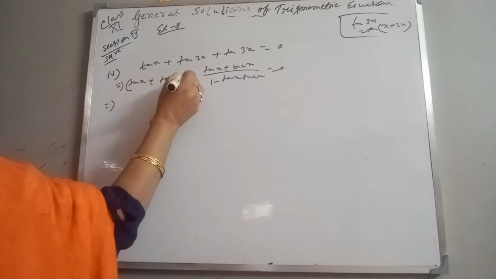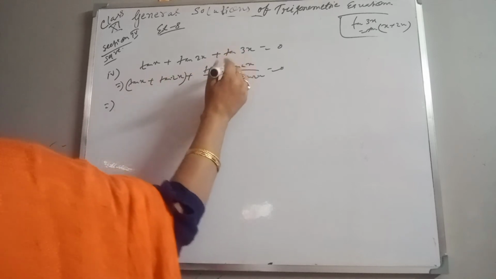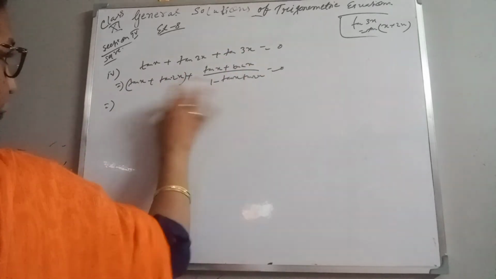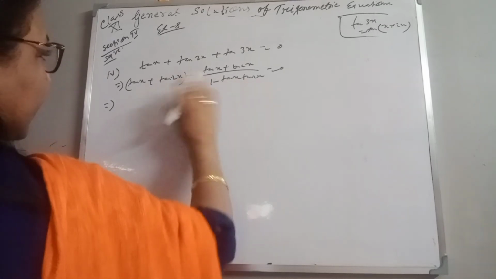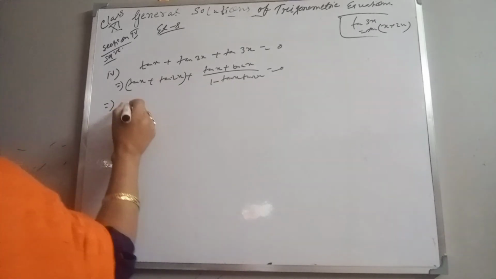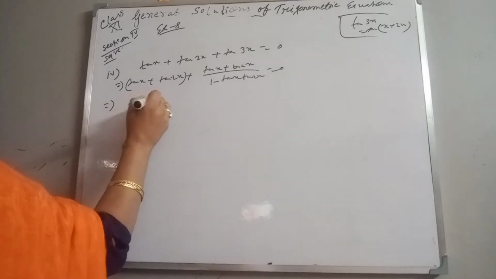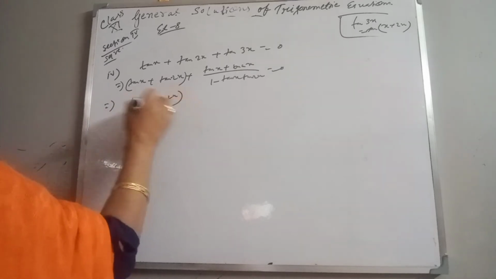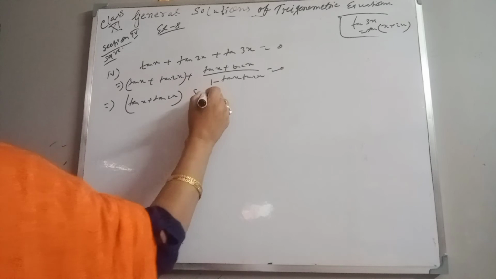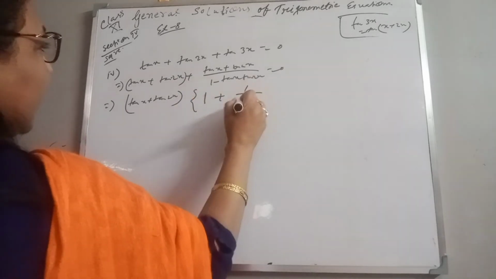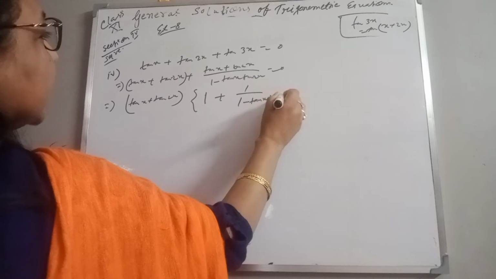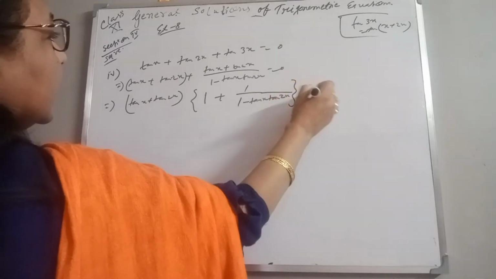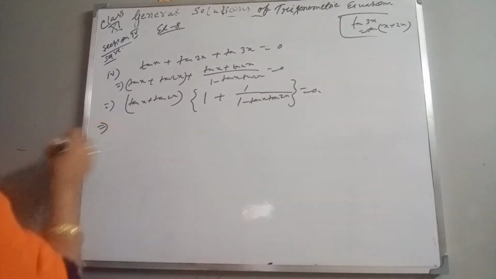Okay, now this is tan x plus tan 2x. This is also tan x plus, from these two, if we select this as one term and this another term, so from these two terms we can take common tan x plus tan 2x. So from here we will get 1 plus 1 by 1 minus tan x tan 2x is equal to 0.